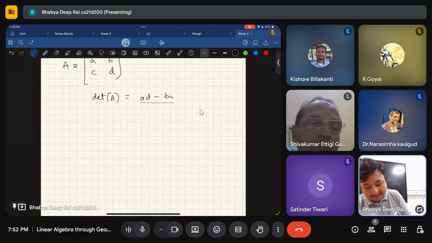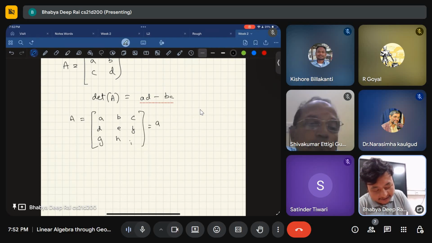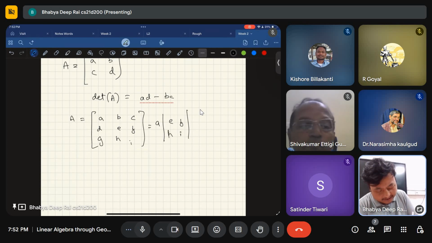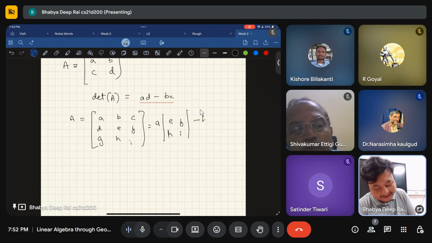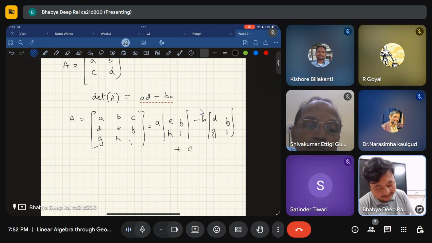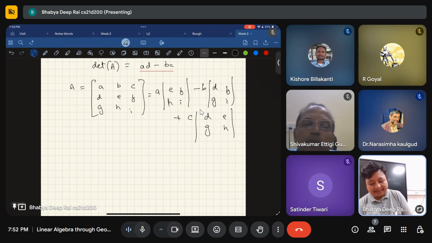You may also have seen that if A is the 3 by 3 matrix A, B, C, D, E, F, G, H, I, then the determinant is A times the determinant of E, F, H, I, minus B times the determinant of D, F, G, I, plus C times the determinant of D, E, G, H. This is how you compute a determinant.